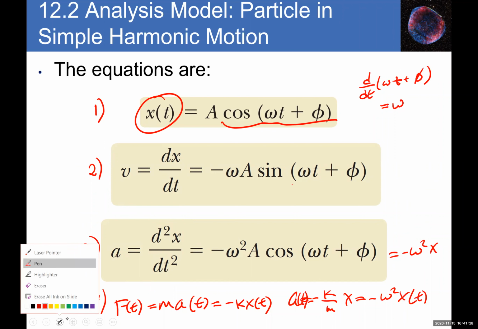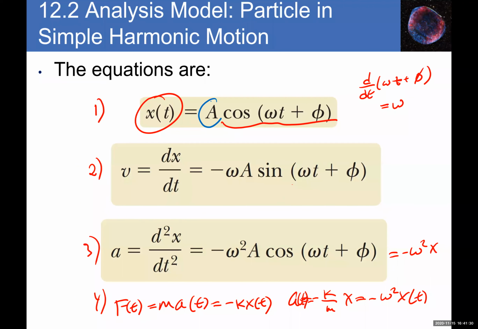The coefficient in front of it technically represents my maximum displacement. So I can say that x max is the coefficient in front of the sinusoidal function, which is basically a. Now let's look at the velocity. For velocity, this is my sinusoidal function, and the coefficient in front of it is omega a. That means v max is omega times a.